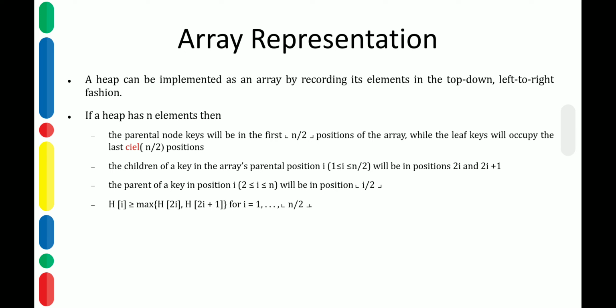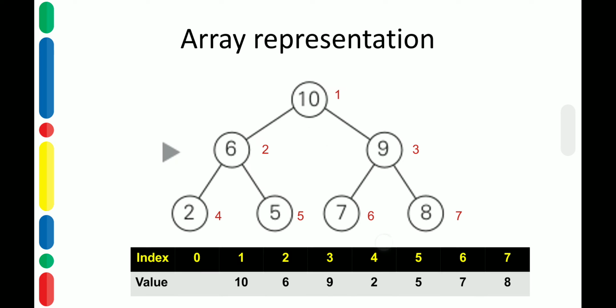If the parent is at position i, where will be the position of its children? It will be 2i and 2i plus 1. Okay, and I have to check whether the current node is greater than both of these nodes. If that is not the case, I have to exchange it with the one that has the highest value. Okay, exchange with the largest child.